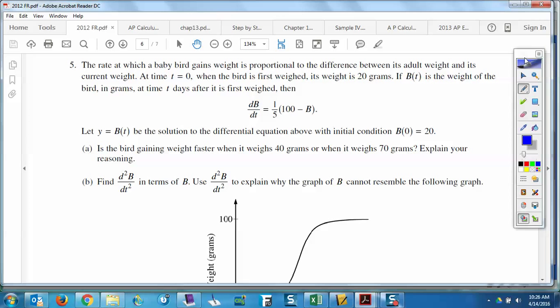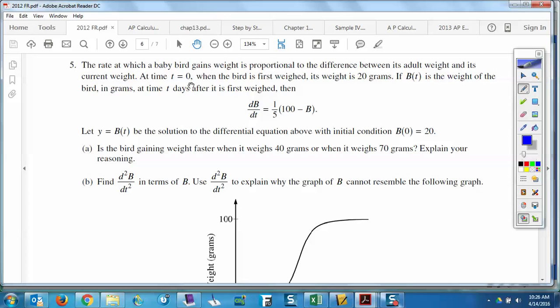So in other words, the bigger that gap, the faster it grows. Does that make sense? So in the early stages, it's going to grow faster when it's younger. And then as it gets closer to its adult weight, the growth slows down. So it's proportional to the difference between its adult weight, which would be the 100, and its current weight.